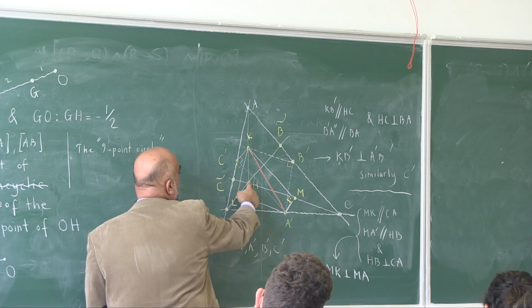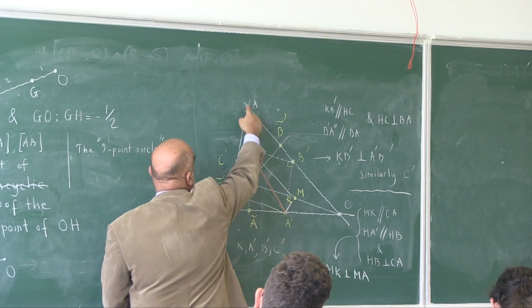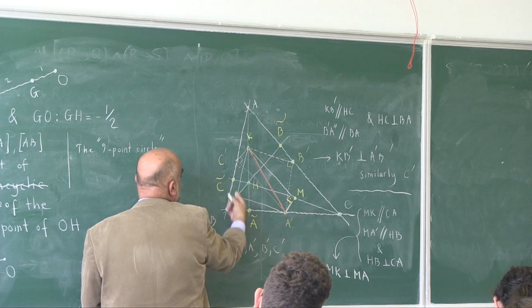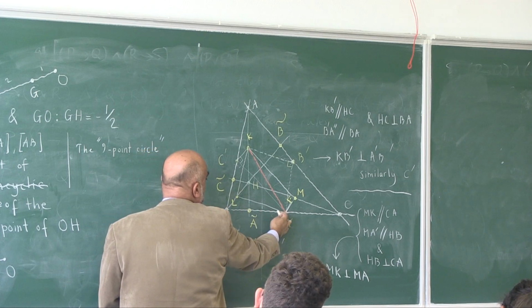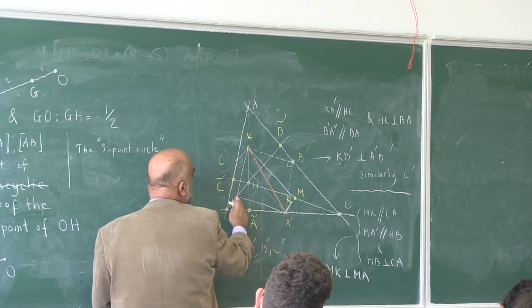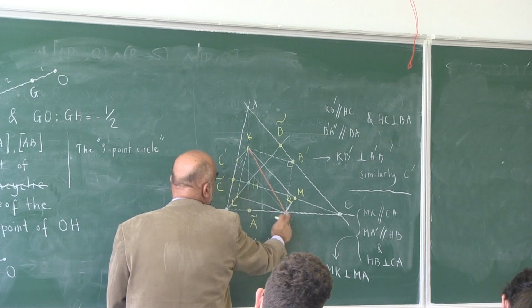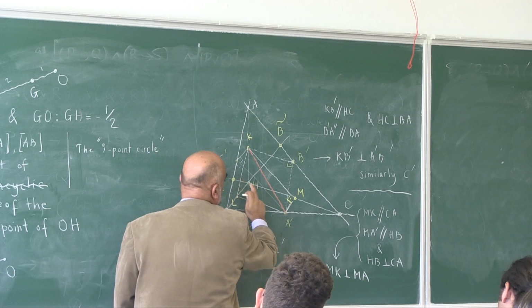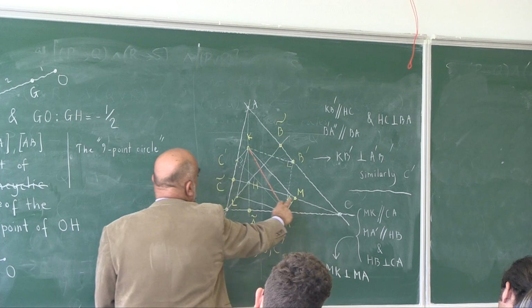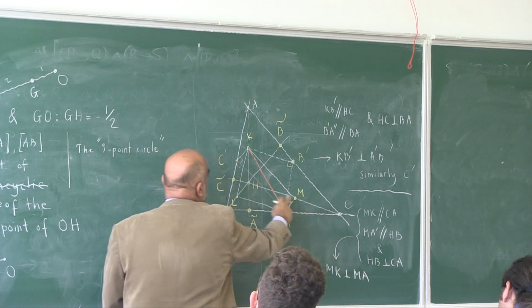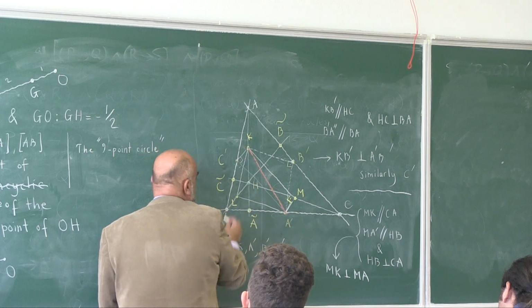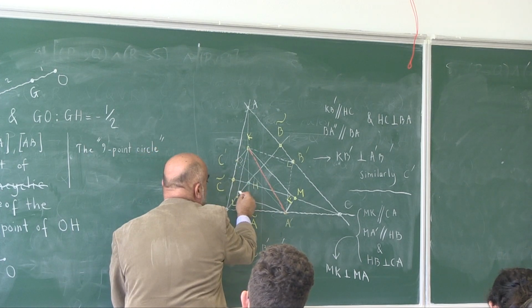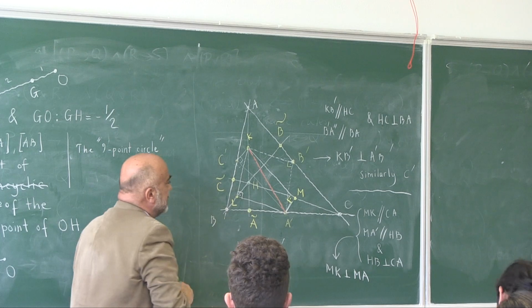L is the midpoint of PH, K is the midpoint of AH, so LK is parallel to AB, whereas A prime is the midpoint of BC, L is the midpoint of AH, so if you join them, LA prime is parallel to HC, which is the altitude through C, so CH is perpendicular to AB, hence KL is perpendicular. So you have proven that in fact this is 90 degrees too.